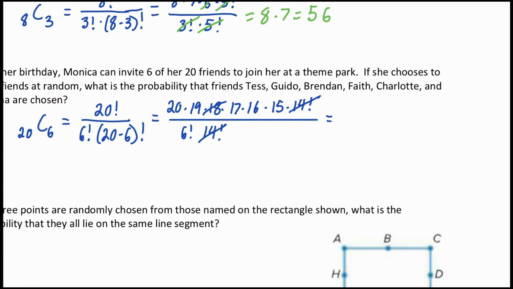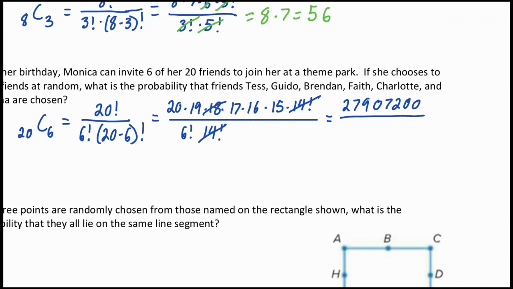Okay. 20 times 19 times 18 times 17 times 16 times 15. I got 5581440 when I did 20 times 19. Okay, in our numerator, we should have had 279072000, and then I divided by 6 factorial. No, that's 6 times 5 times 4 times 3 times 2, so 720.